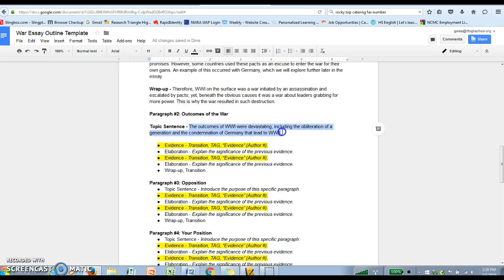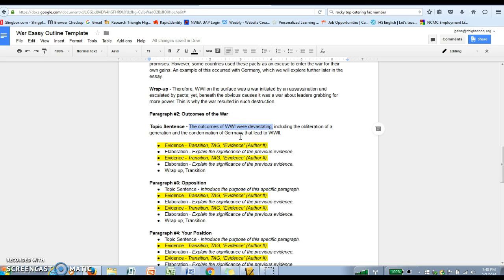Therefore, your topic sentence should carry the same kind of idea, concept, and tone as the last sentence of your last paragraph. Just as this sentence talks about the concept of destruction in relation to World War I, this topic sentence also mentions the devastation caused by World War I. We see that there is a link.